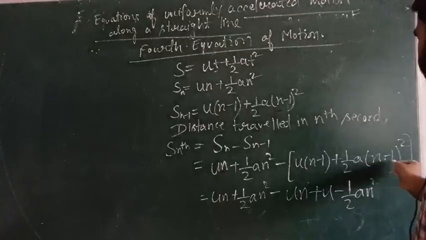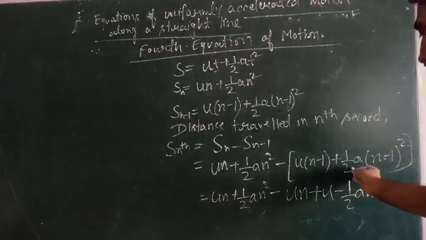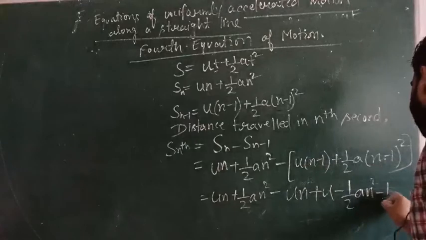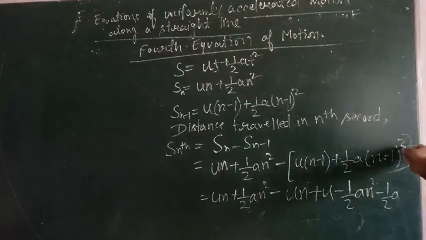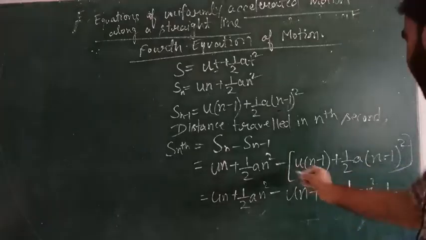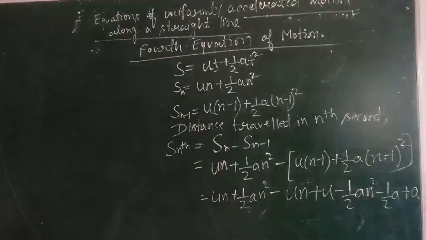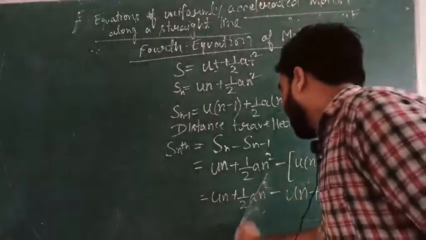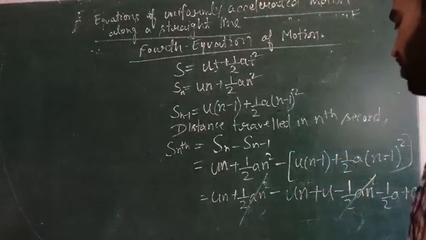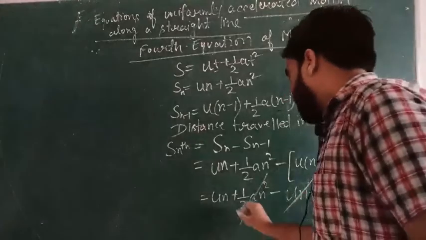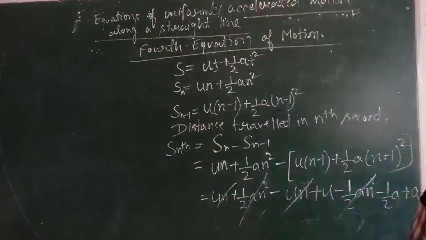a square plus b square, so plus 1 only. So plus half a was there, this will become minus half a, minus 2ab, so minus 2 into 1 upon 2a, a only, this will become minus minus plus a. Okay, so there will be plus. Now half an square minus half an square cancel out, and plus un and minus un get cancelled out. What is remaining?